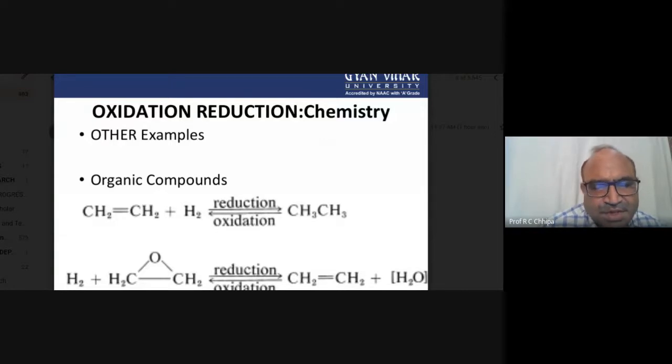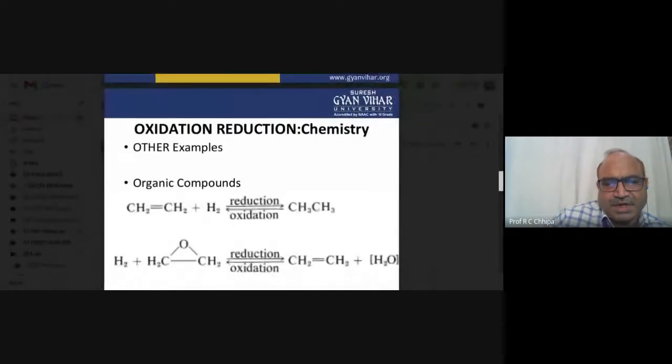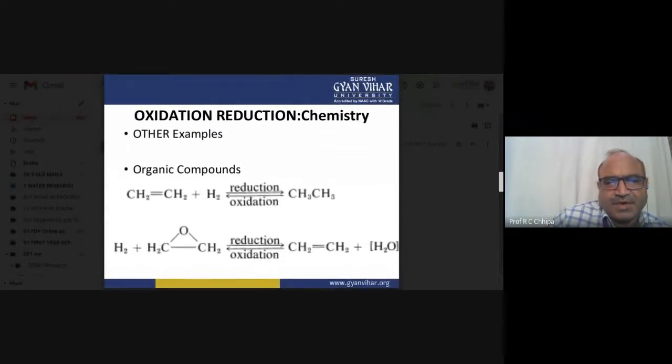Organic compounds undergo oxidation. The compound given here is CH2 double bond CH2, which is related to the organic part.